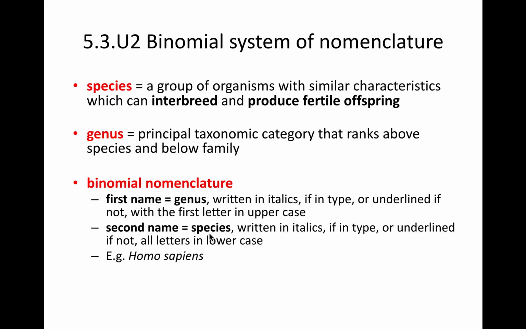The second name is always the species, and it's written in italics if typed, or underlined if not, and all letters are in lowercase. So you can see here this is typed. So Homo, with the H capitalized, is the genus, and then sapiens is our species name as humans, and notice it's all lowercase. So Homo sapiens, the genus and species name together, is our binomial nomenclature, our name in the scientific community.